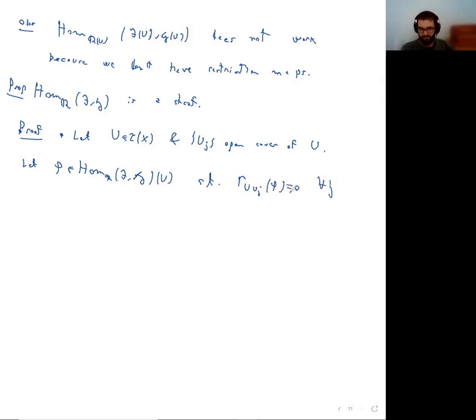So we have to prove that phi is 0. What does it mean that a morphism is 0?